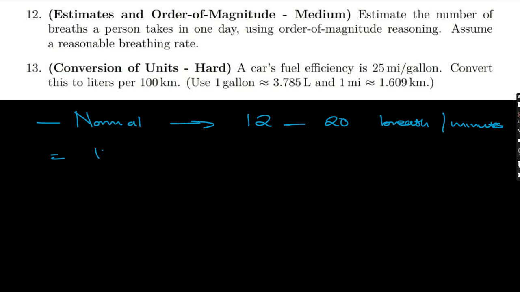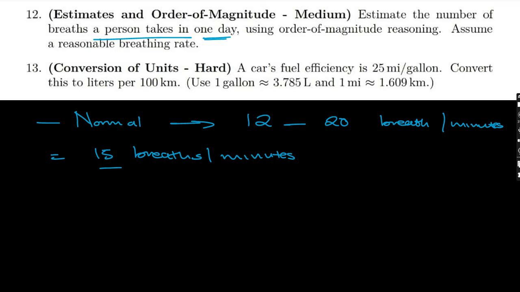So here I take 15 breaths per minute. So a person takes 15 breaths per minute. Now we are asked how many this person is going to take per day, because that is what the question asks.